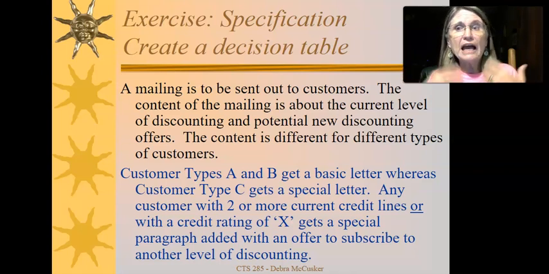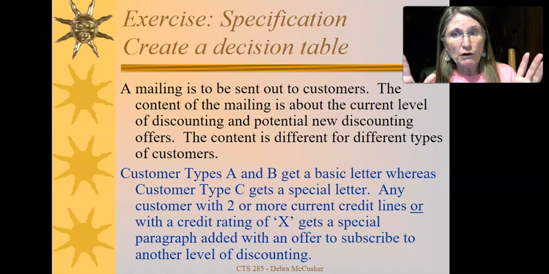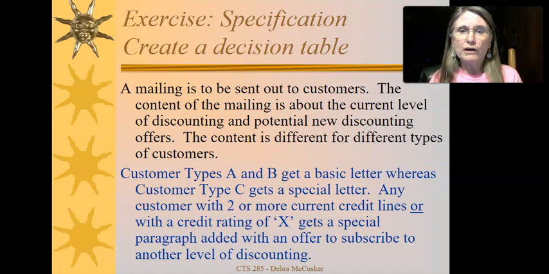And just to add complexity, any customers with 2 or more credit lines concurrently or credit ratings with this special category X, they're going to get some special paragraph in their letter with an offer to subscribe to more discounting.